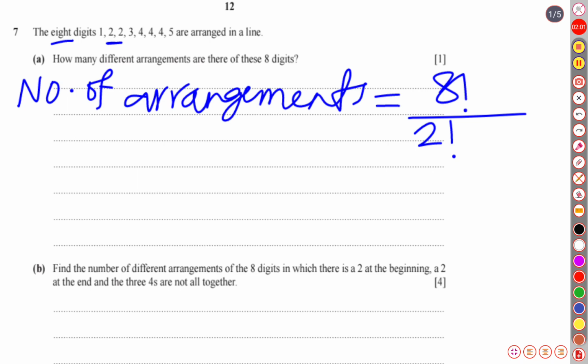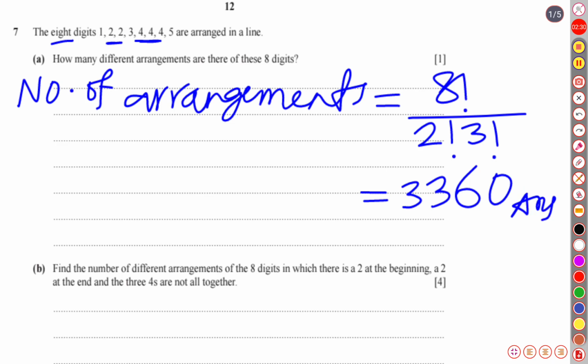Again there are 3 fours which are also identical, so we will divide by 3 factorial. Now if we use our calculator, it will show 8 factorial over 2 factorial times 3 factorial. So the total number of arrangements is 3360.